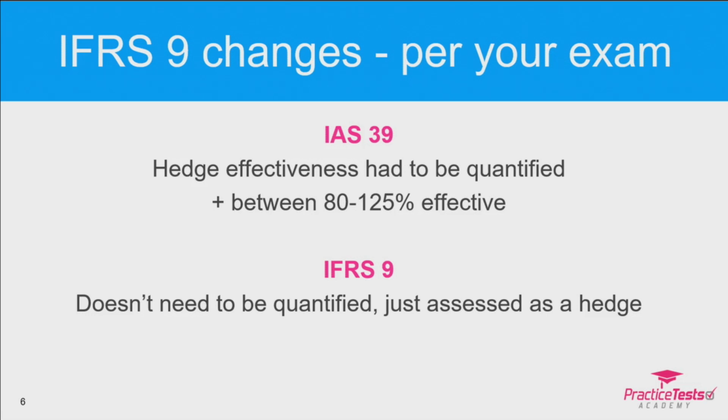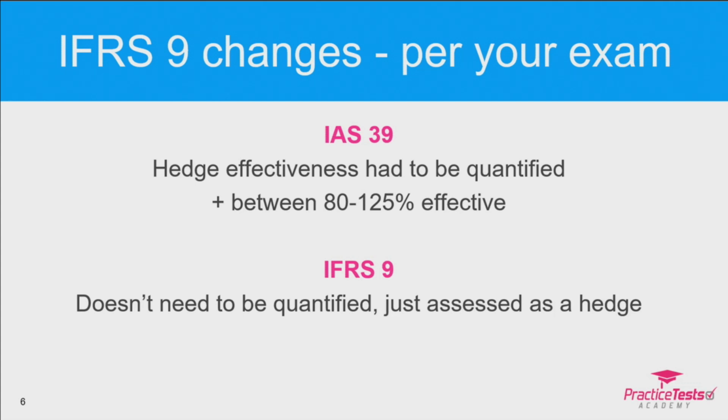Now, there have been some admittedly relatively small changes as far as our exam is concerned anyway. The old accounting standard, IAS 39, said that for a hedge to be accounted for as a hedge, the hedge had to be deemed to be effective, and by effective we mean the profits on one are more or less the same as the losses on the other.